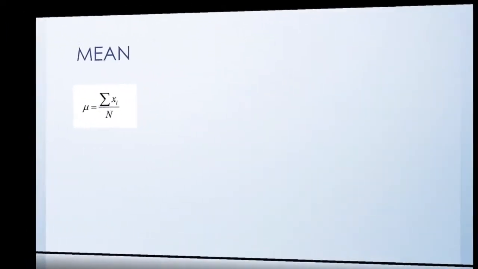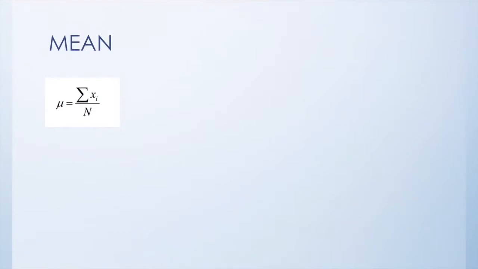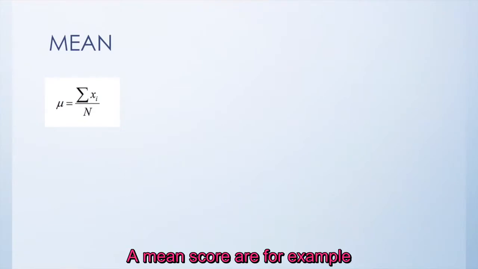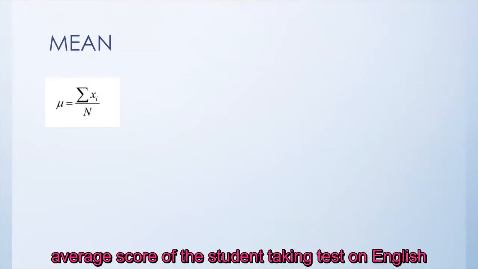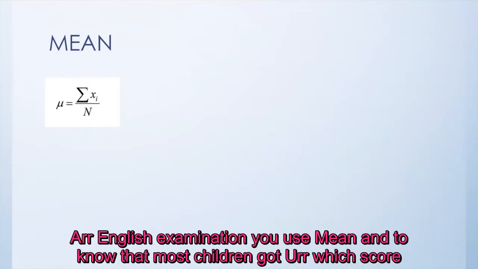What is the mean? For example, if you want to know the total score or average score of students taking an English examination, you use the mean, to know which score most students got.